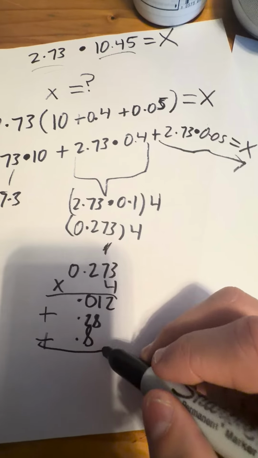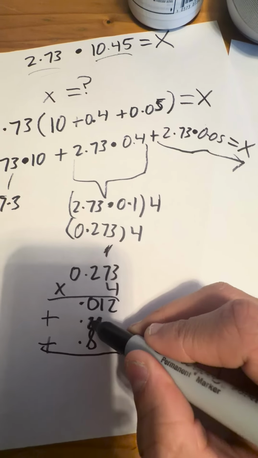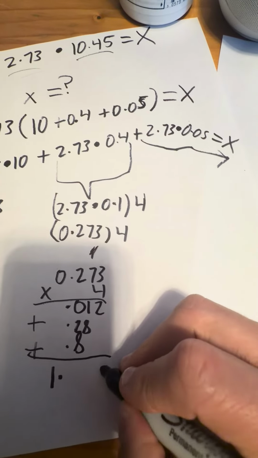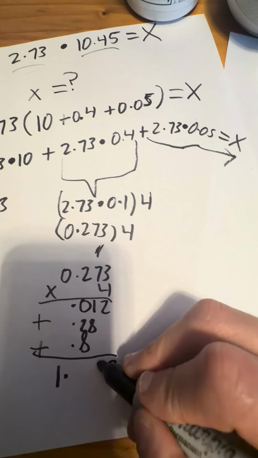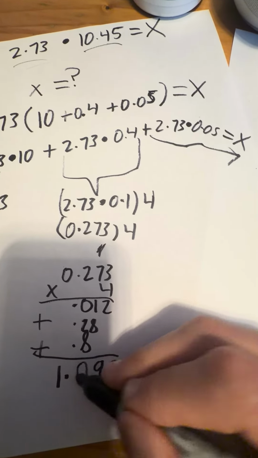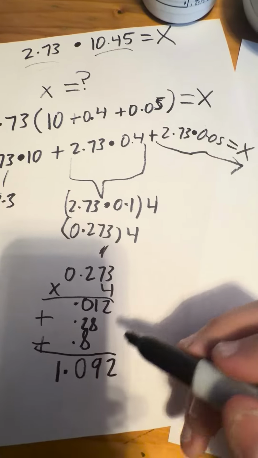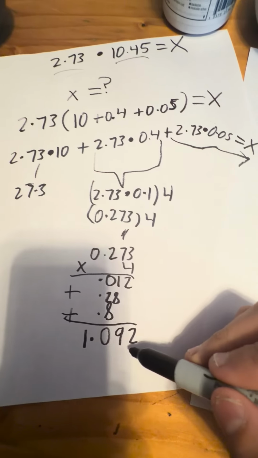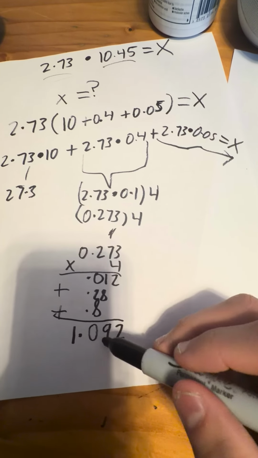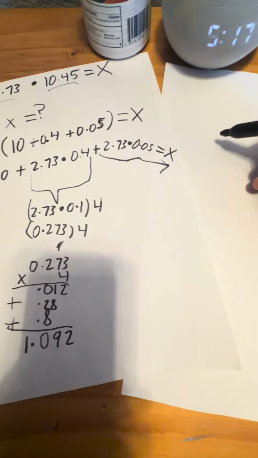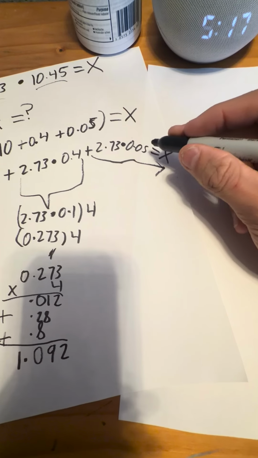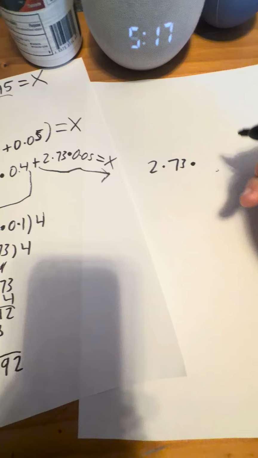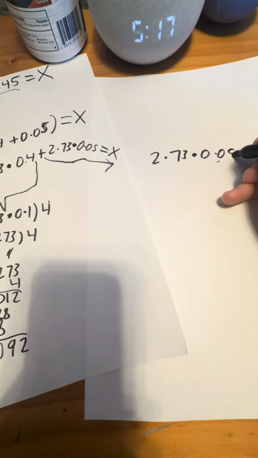Then you add those all together, and you're left with 1.092. All right, so we have the first 27.3, the next 1.092, and the last bit is 2.73 times 0.05.